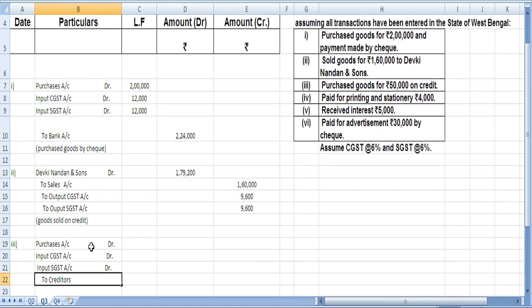Creditors are the suppliers from whom we are purchasing goods on credit.